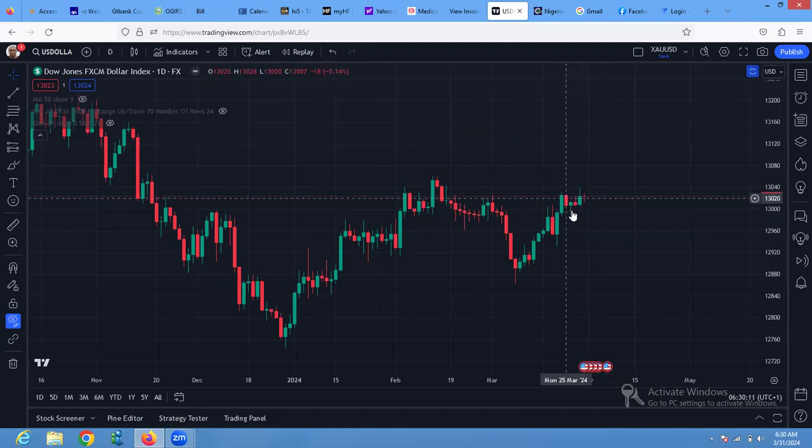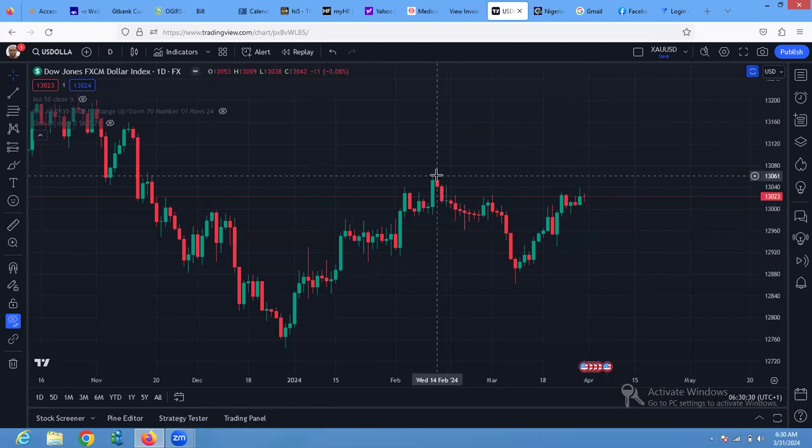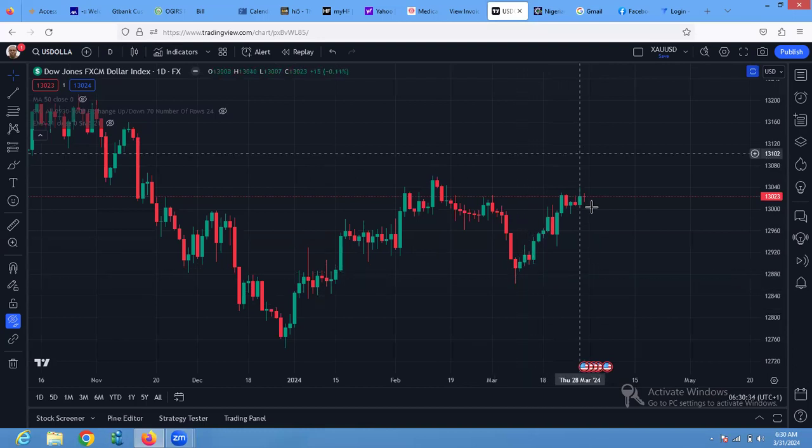This might just be an A, B, a C for us to break up one more time. And after we break up, we take up one more time, and we are ready to go down on the daily on this correction of a B, because this will now be an A of a B, then the B of B, A, B, C, and a C of B to the upside.